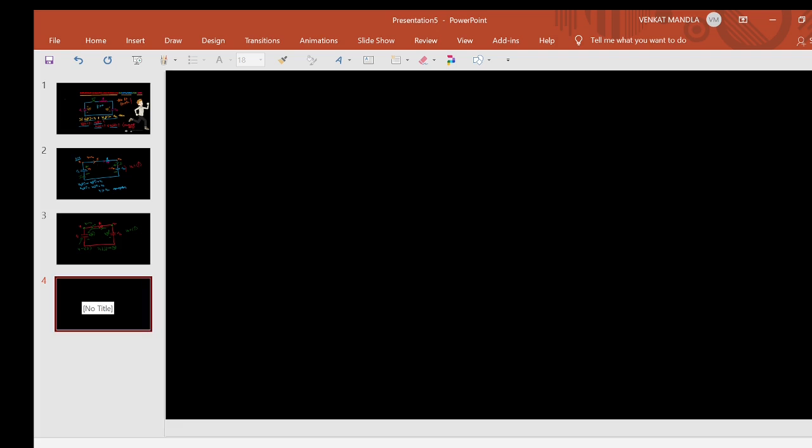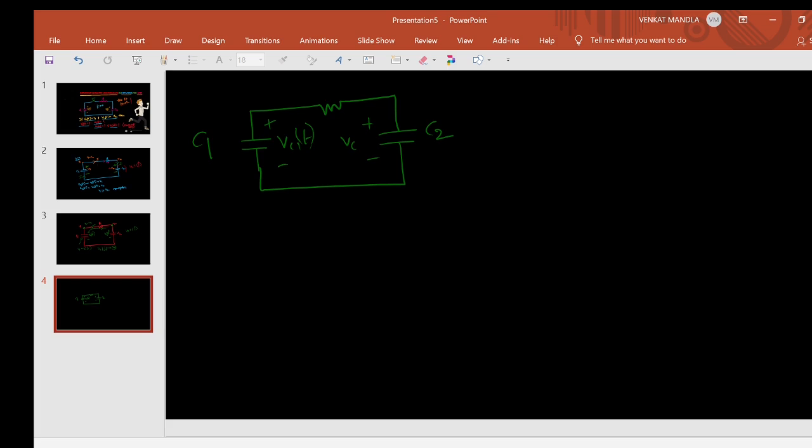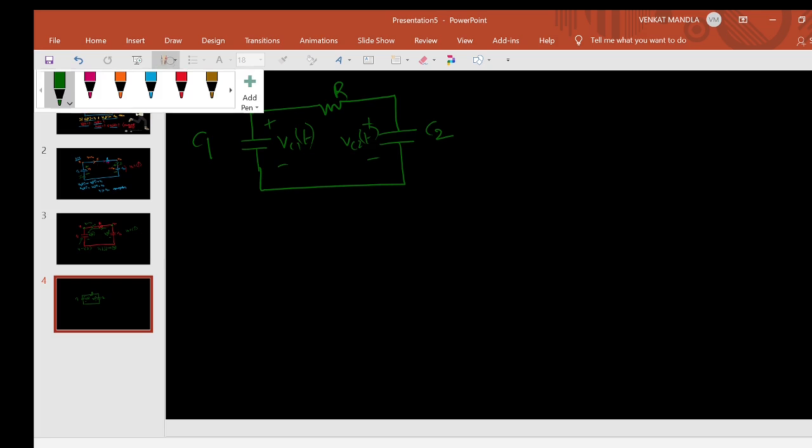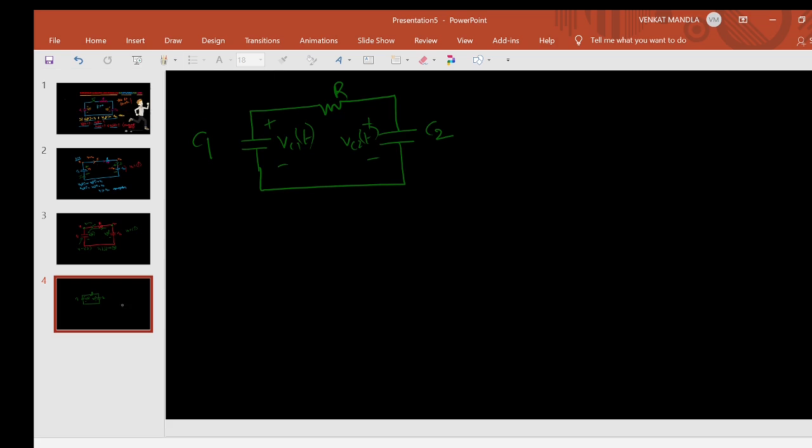So here we have the circuit. This is C1, this is C2, and this is R. I want to write Vc1(t) and Vc2(t) in terms of t. I am assuming V1 greater than V2, the initial voltage of C1 greater than the initial voltage of C2, so the current flows in this direction.